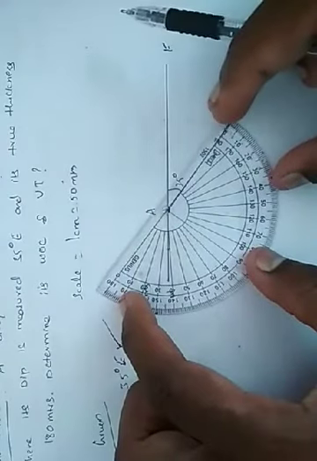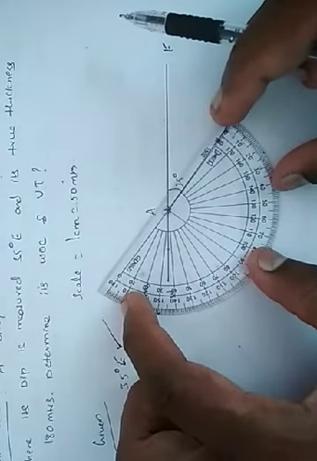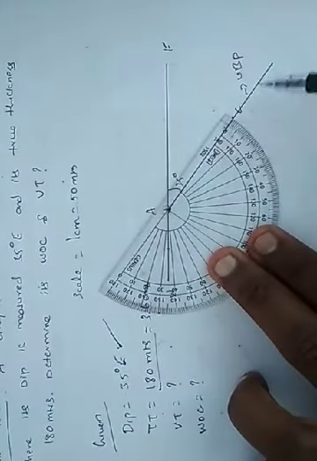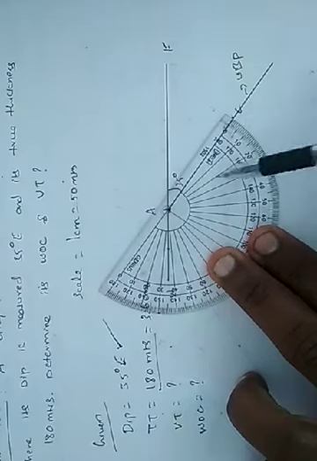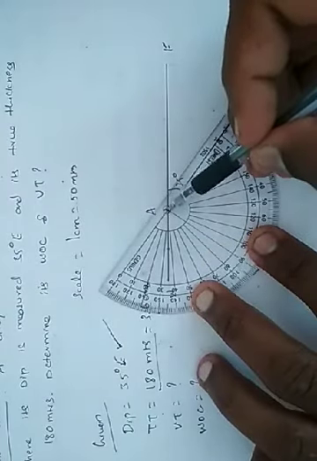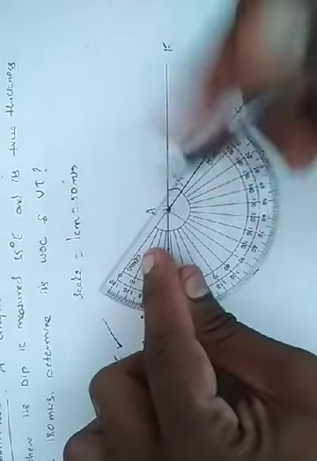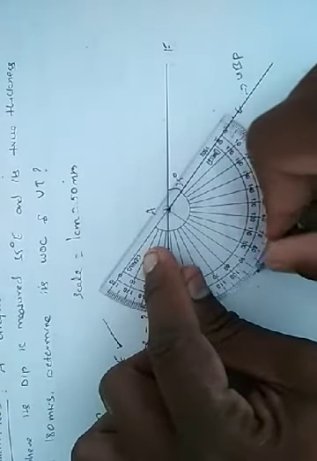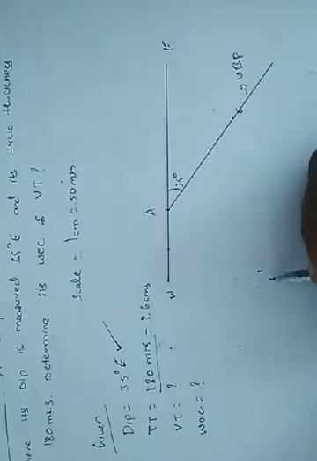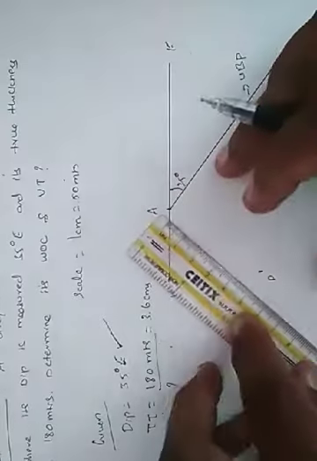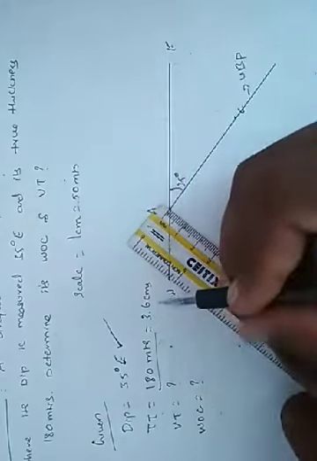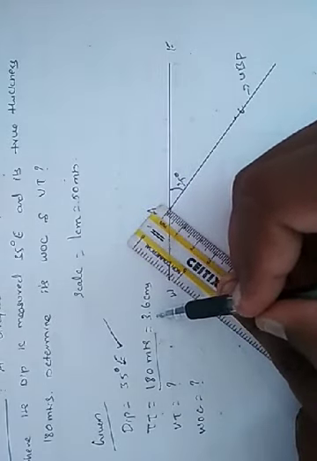So for that I will place again my protractor on the point A, and the 0 is coincided with the bedding plane here. So my center point is at the point A on the surface line. So I will mark 90 degrees exactly, and I will mark this as D, and I will draw a line joining A and D, but we should draw a line to this measurement exactly, that is 3.6 centimeters.